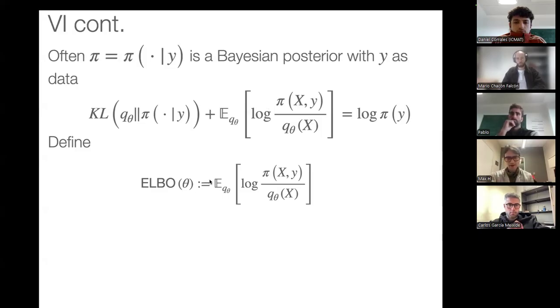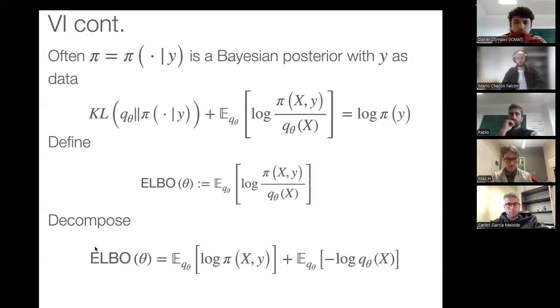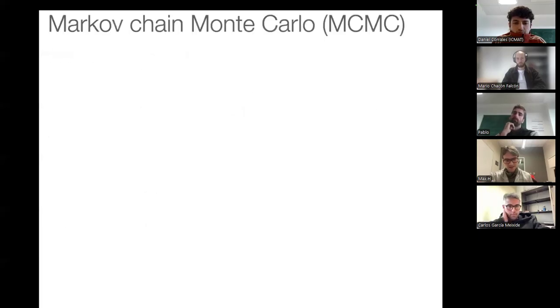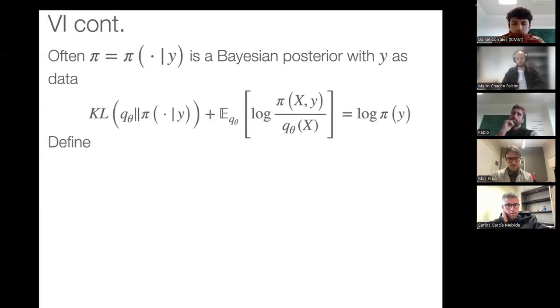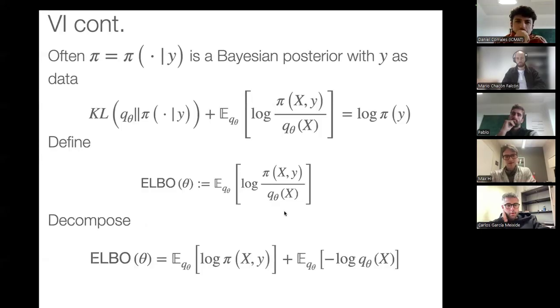Okay. And it's the expectation with respect to the variational approximation of the logarithm of the ratio between the joint density between the parameter and the data divided by the density of the variational approximation. And one useful way of looking at this ELBO is to decompose it into two terms. The first term is just the expectation with respect to the variational distribution of the logarithm of the joint density.